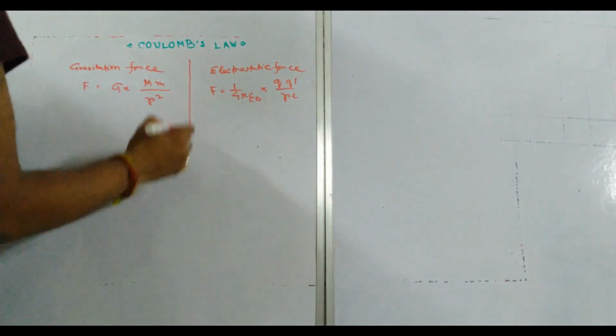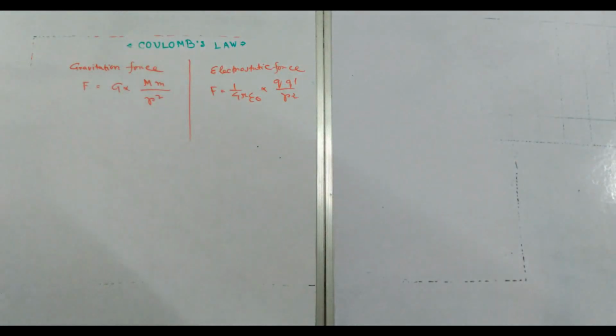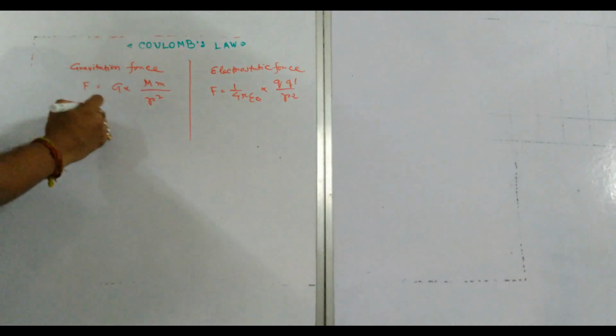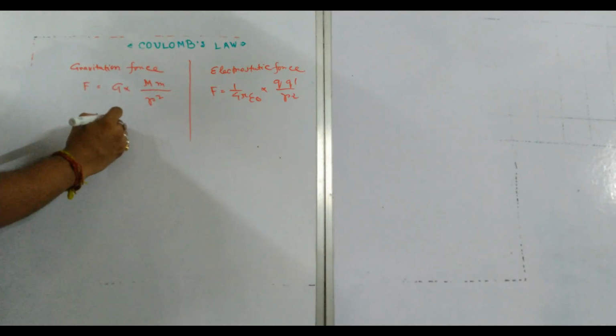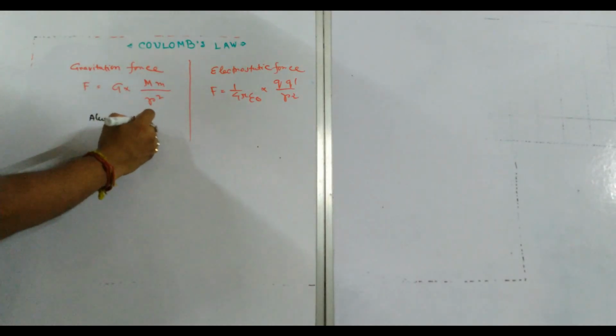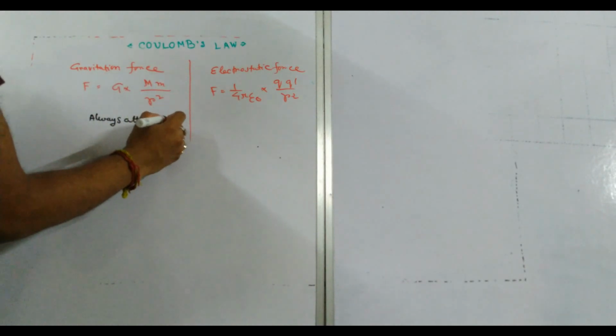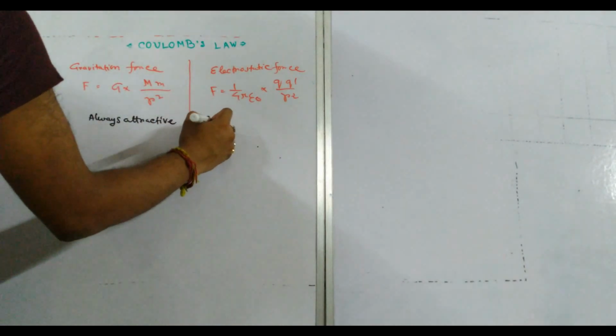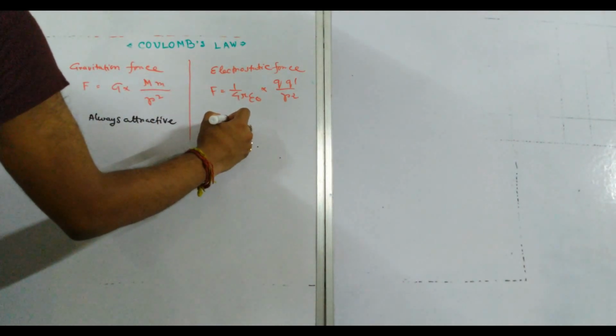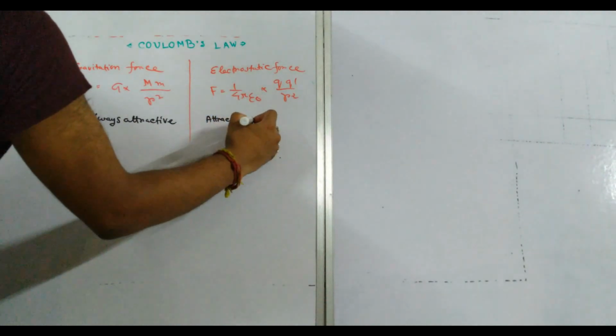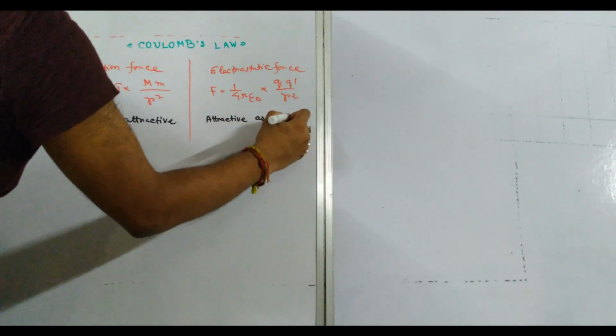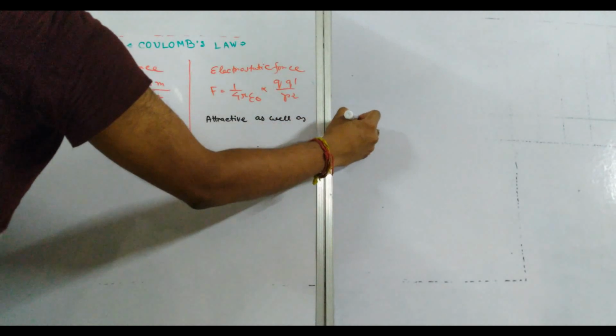So both look the same, but they have a huge difference, because the gravitational force is always attractive, but the electrostatic force may be attractive as well as repulsive.